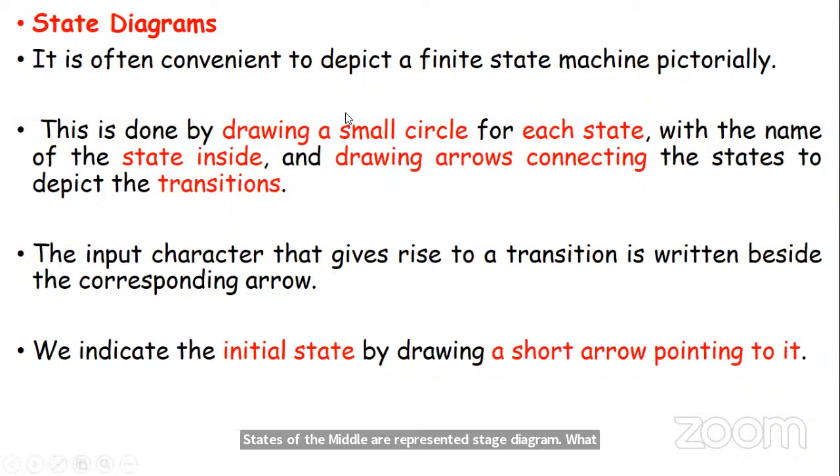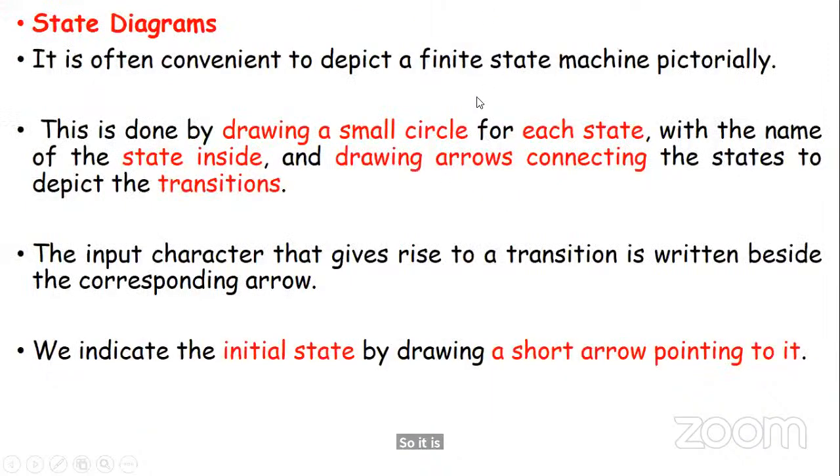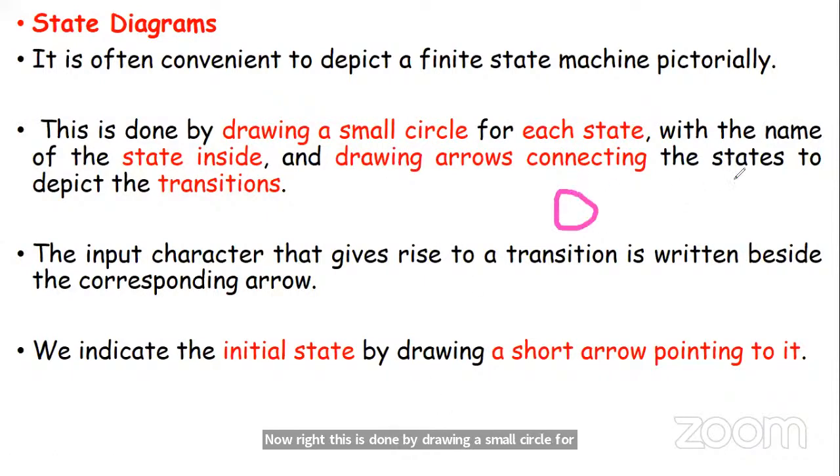It is often convenient to depict a finite state machine pictorially. This is done by drawing a small circle for each state, which we have done before, but we're just putting it into perspective now. For each of the states, you draw a small circle with the name of the state inside.